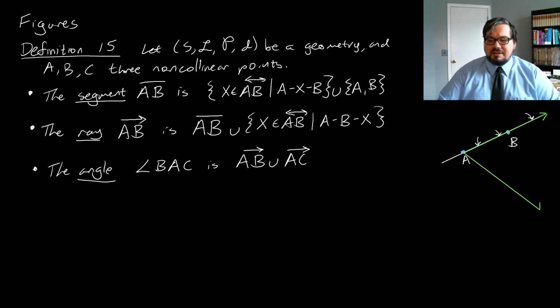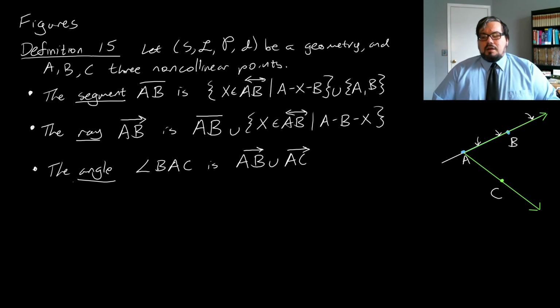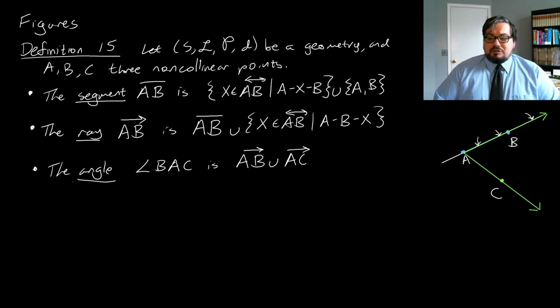It's just a set of points. It's just the edges. It doesn't include the interior of it. We'll be talking about the interior of angles at a later point, but angle BAC just looks like this.